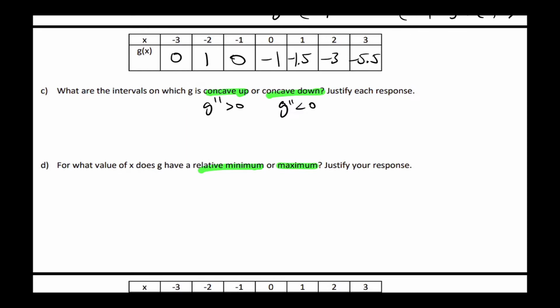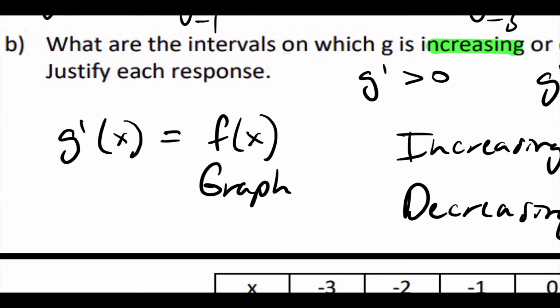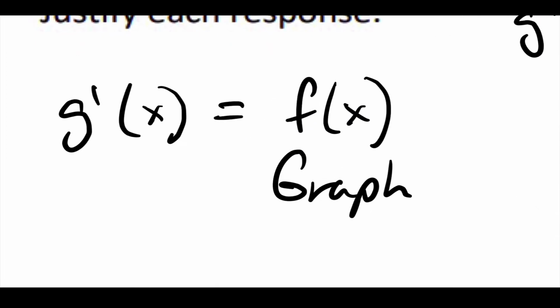G double prime. We know that G prime is the same as the graph, right? We know that from the last question. So what is G double prime going to be?